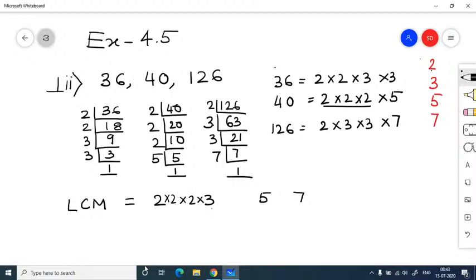Now let's see 3. Here it is 2 times, here none, that means 0, here 2 times. So 2 is the maximum, that is 3 will be there twice. 5 is there only once, so only once. 7 also once. So now you will multiply all these numbers.